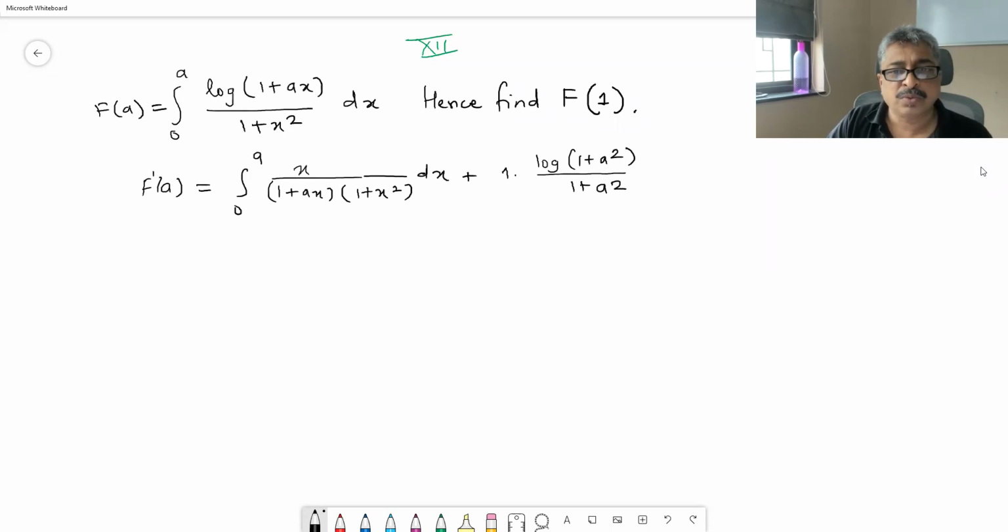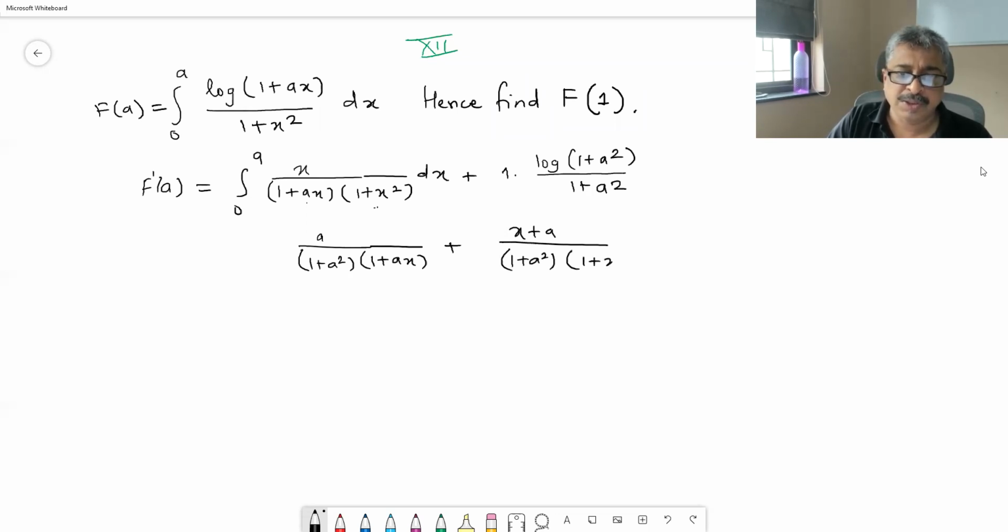Okay. Now, this integral still needs to be evaluated. You have two terms in the denominator in factorized form. Degree of denominator is 3, degree of numerator is 1. So you need to figure out the partial fractions. But because I know the partial fractions, this splits as a upon (1 plus a square) into (1 plus ax), plus (x plus a) upon (1 plus a square) into (1 plus x square).